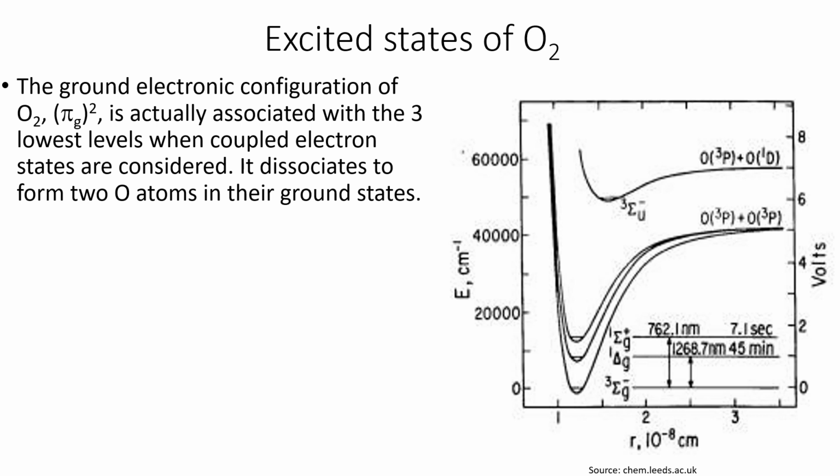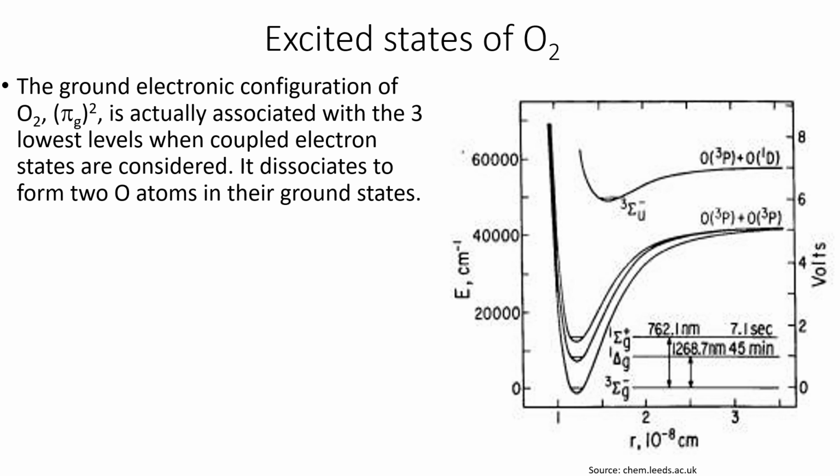So there we go, and we've got our 3 separate energy levels giving 3 separate potential energy wells. So this is the core information in this diagram.